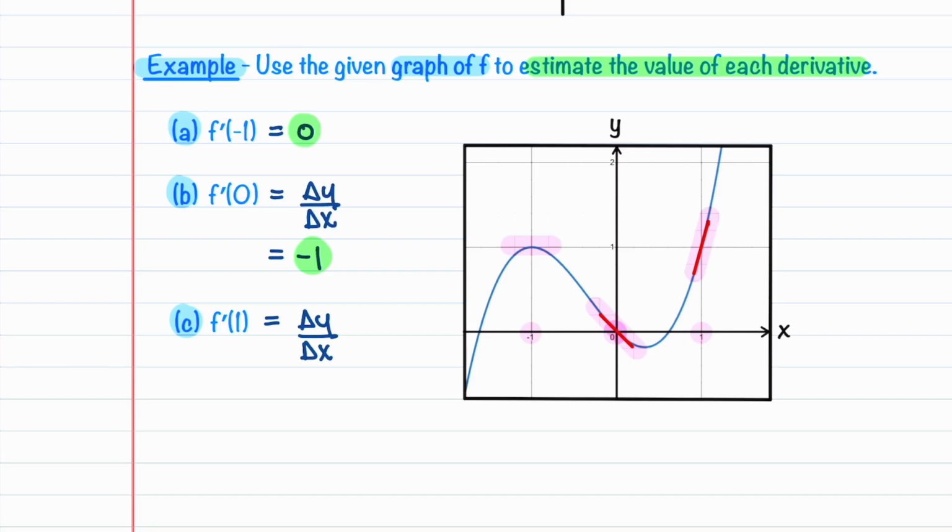To see how much y changes, I'm going to extend this line on up. So it looks like y is changing by a value of 4, while x changes by 1. So we are going to estimate that our slope is equal to 4, so our derivative is equal to 4.